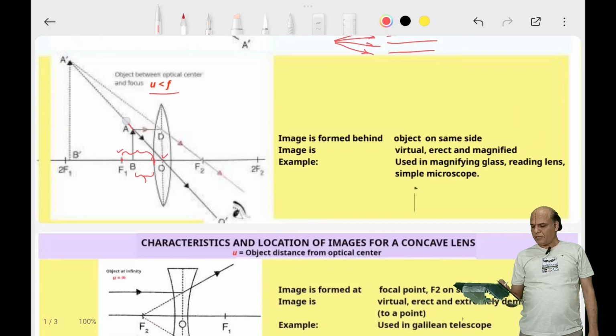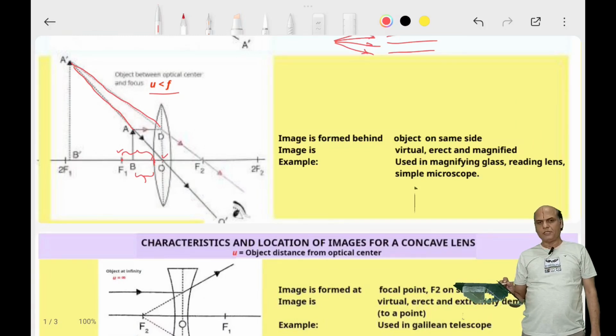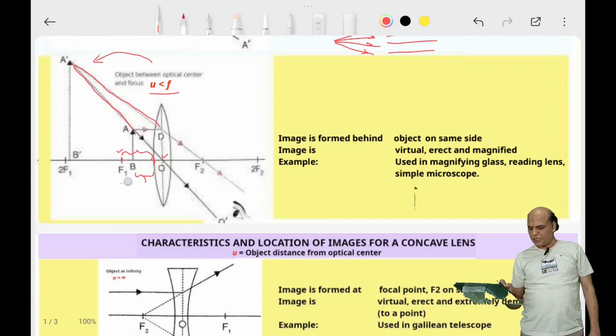When you draw such refracted rays backwards, they appear to meet at point A dash. So here a convex lens is forming a virtual image, not a real image. A virtual image is formed on the same side as the object, and the image is magnified.